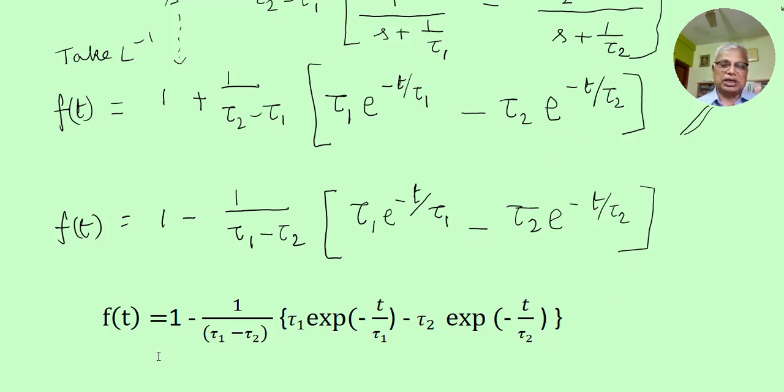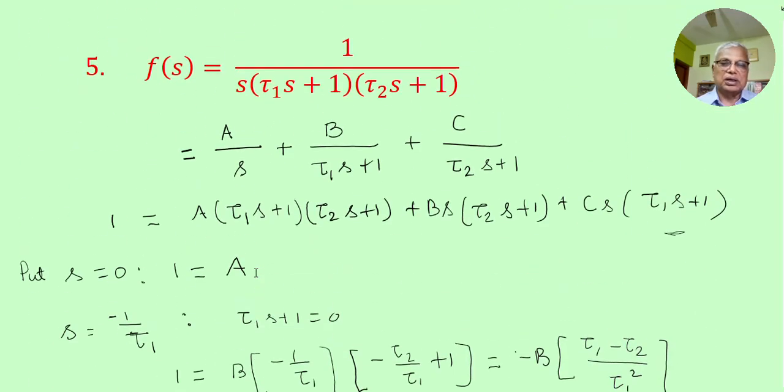So the same thing I have typed here in the print form. 1 minus 1 by tau 1 minus tau 2 into tau 1 e power minus t by tau 1 minus tau 2 e power minus t by tau 2. So this is the inverse of the given function.